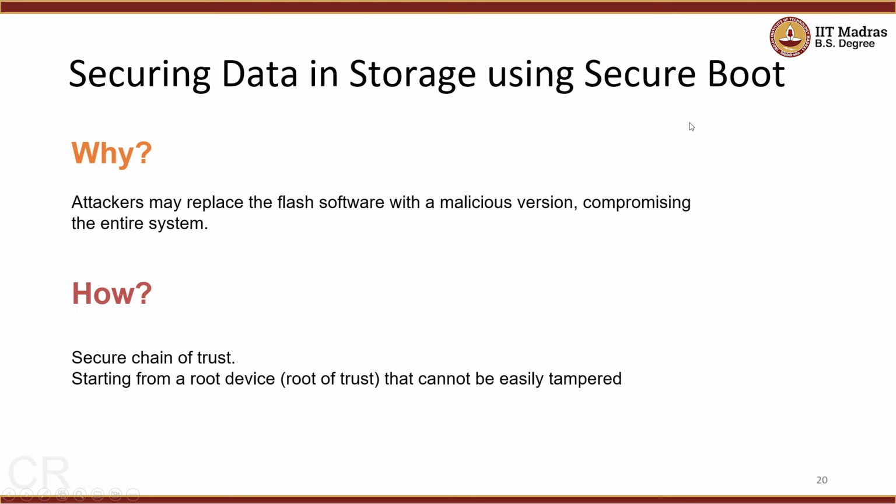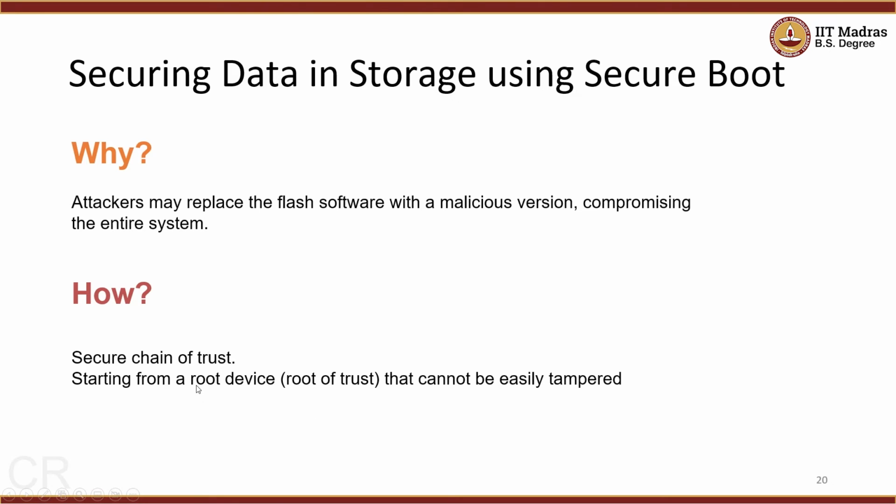So how do we achieve secure boot? It is by creating what we call a secure chain of trust, starting from a root device which we inherently trust, and sometimes this root device is called the root of trust. We build up the security of the entire system from there, right?